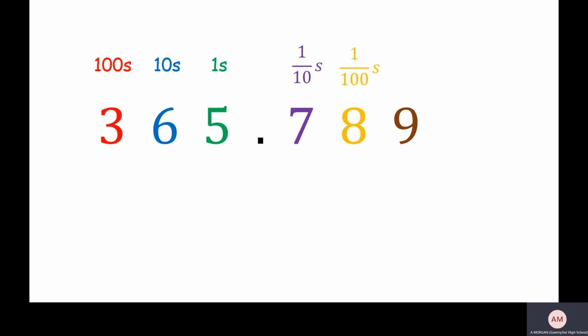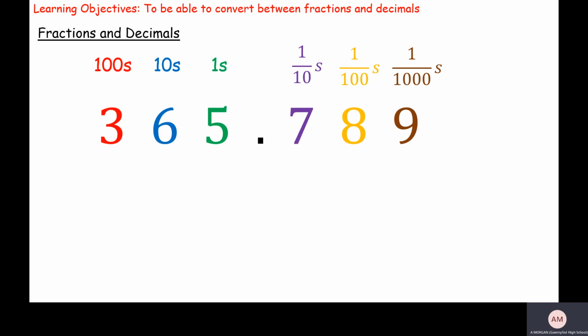So 0.08 is worth 8 hundredths. And the brown 9 is in the thousandths column. As well as just the word and the decimal place, it's got a connected fraction. 9 over 1000 is its value because it's in the thousandths column.